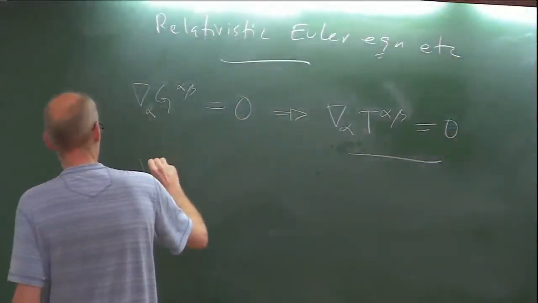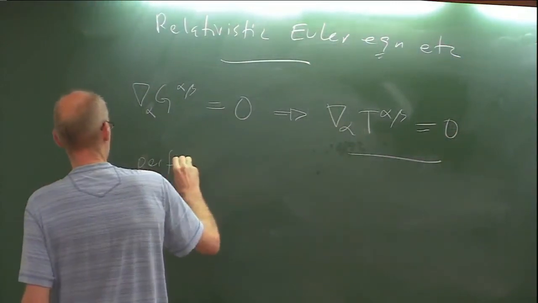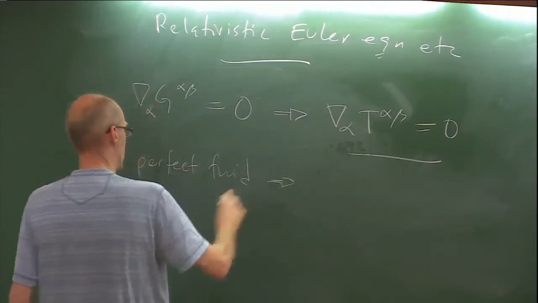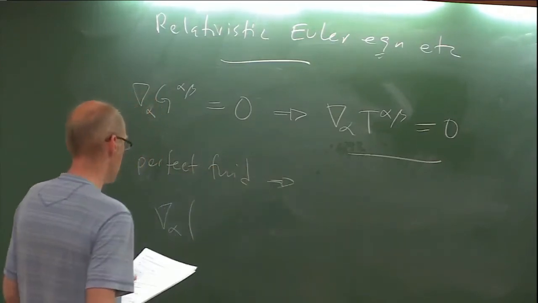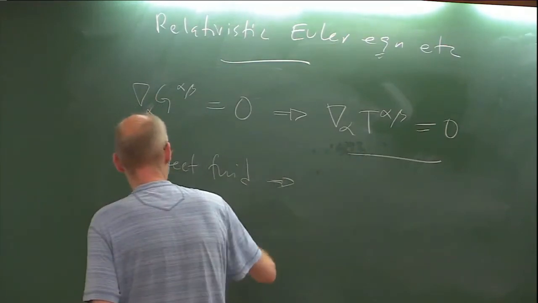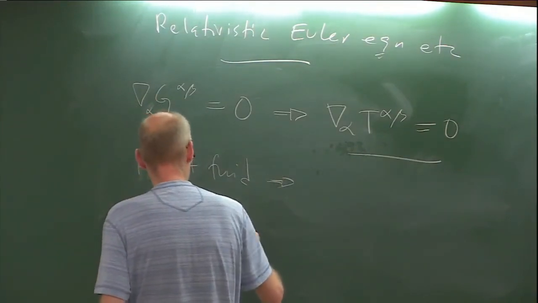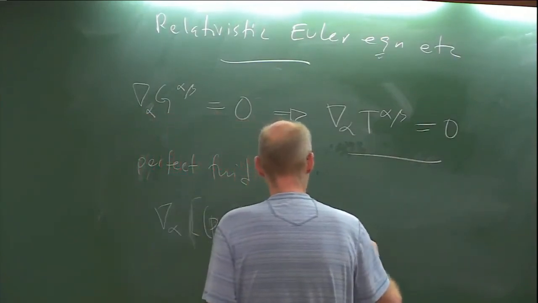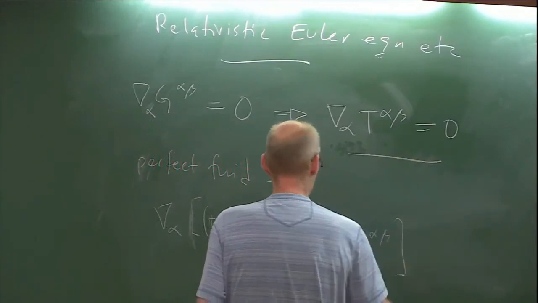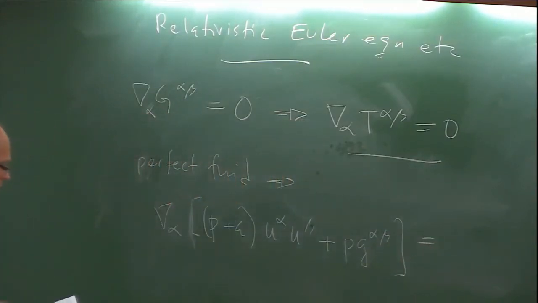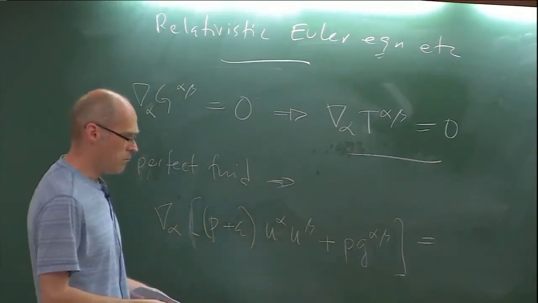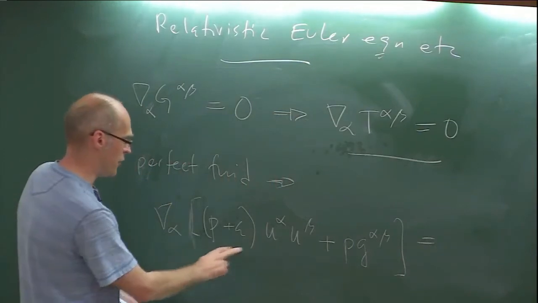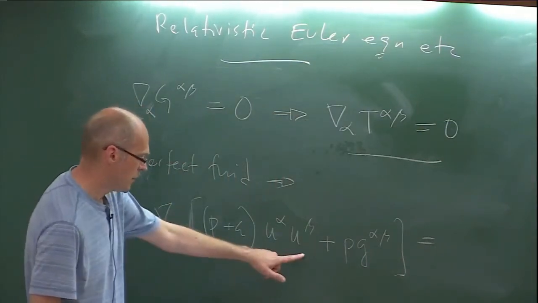So what we need is to take the perfect fluid and put it in this expression. So I'm going to take the whole thing and work it out, but I'm going to do it after thinking a little bit first. Out of this first term, I'm just going to pull out the u beta.